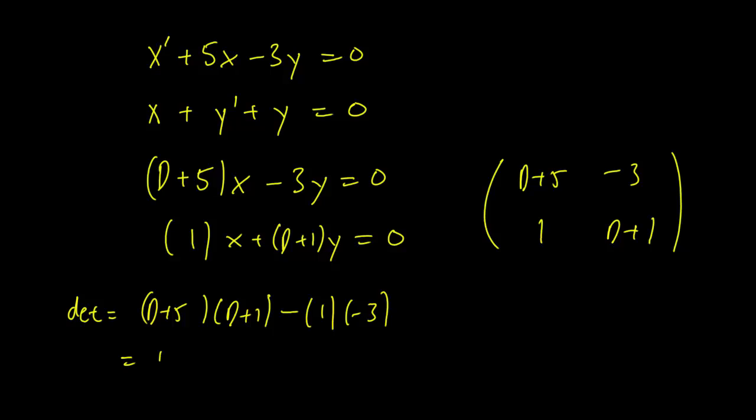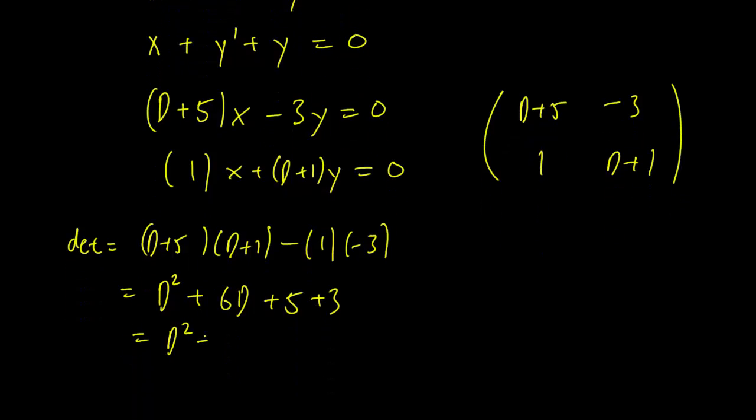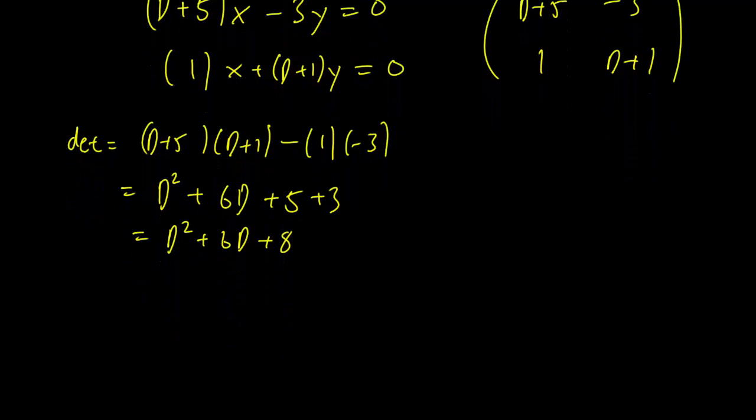In other words, D² + 6D + 5 + 3, so D² + 6D + 8. So we just have to apply this determinant to both x and y.